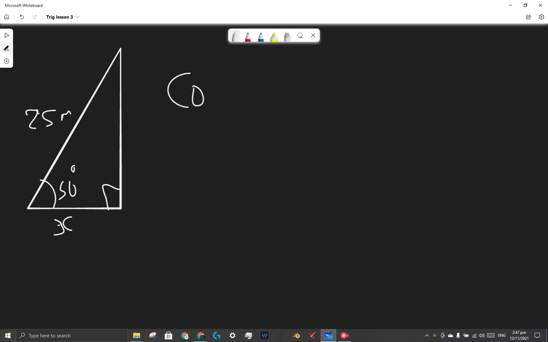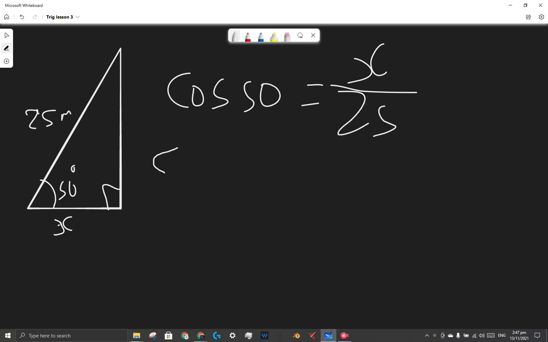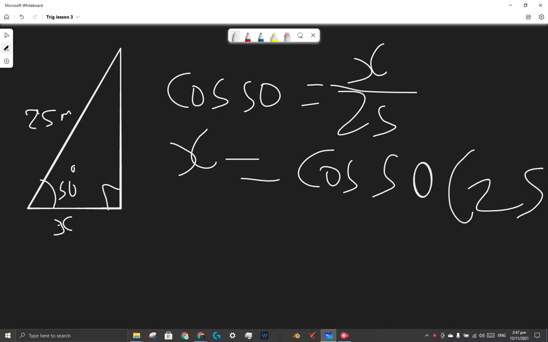So we have the adjacent, we have the hypotenuse, that means we use cos theta. So cos of 50 is equal to X over 25, and then X is equal to cos 50 times 25.